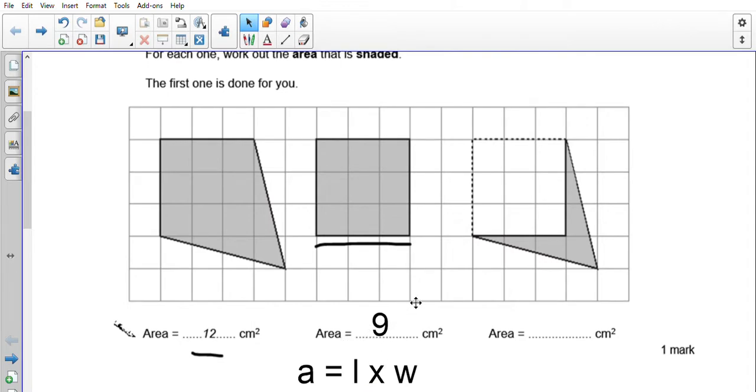That helps us out because if we look at this shape on the left-hand side, we have that same square inside it.